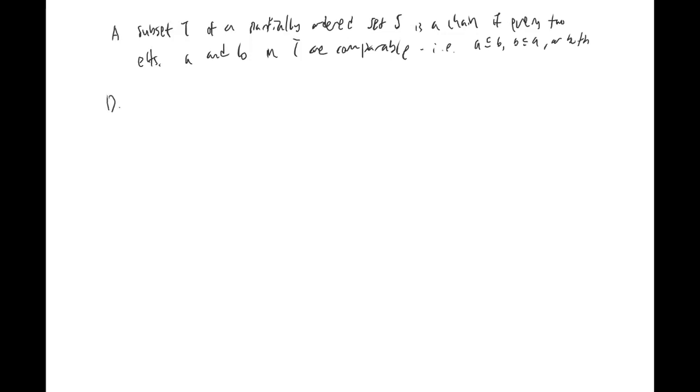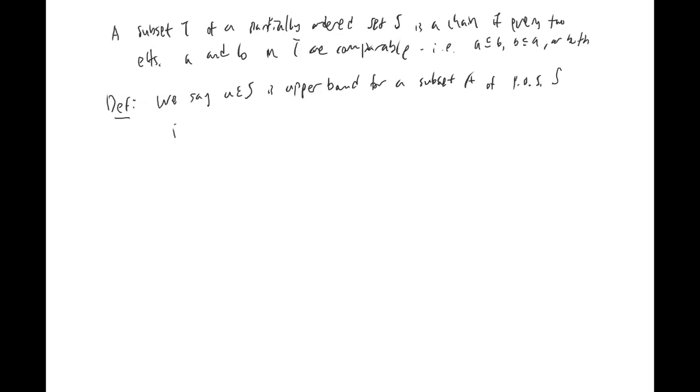And by definition, we say U in S is an upper bound for a subset A of S, is everyone okay if I write POS for partially ordered set? It's faster. Okay, POS stands for partially ordered set.